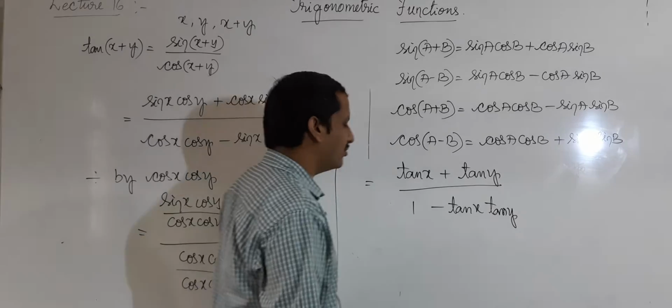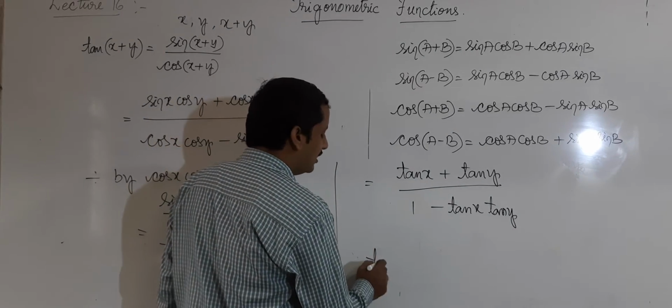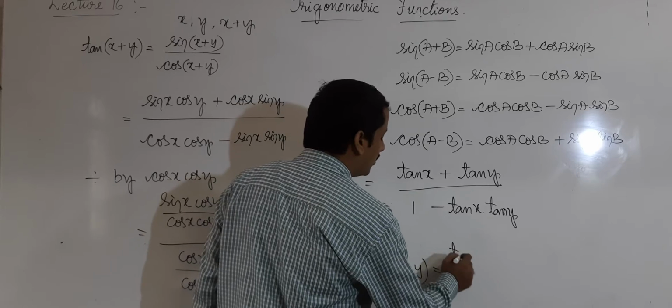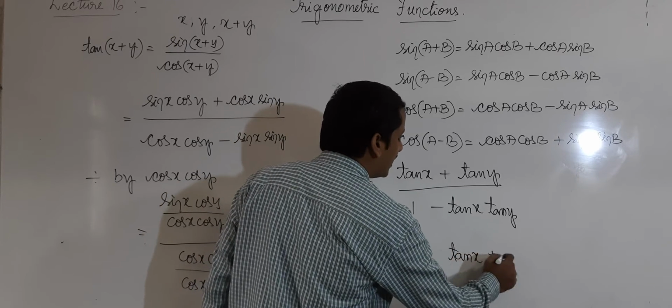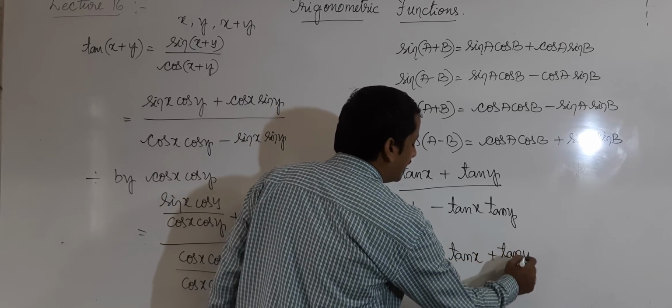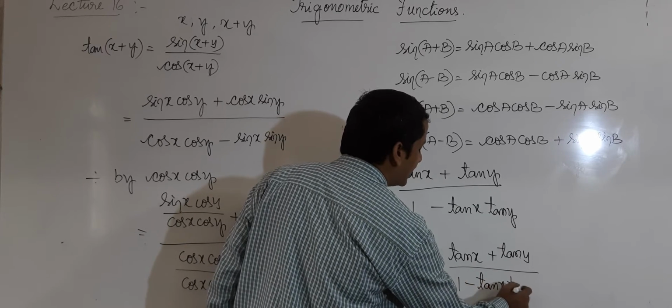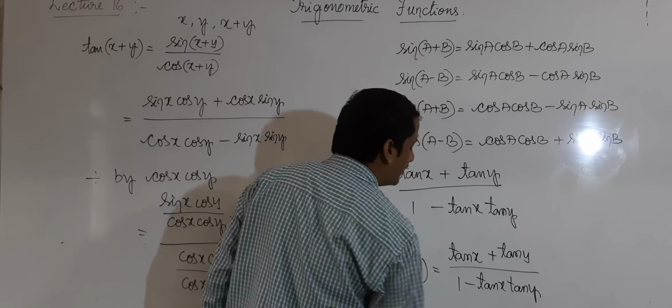So that's the formula. The formula is tan of x plus y is equal to tan x plus tan y divided by 1 minus tan x into tan y.